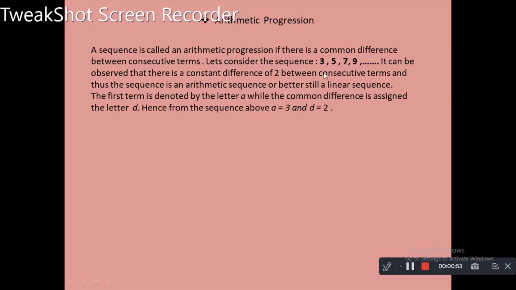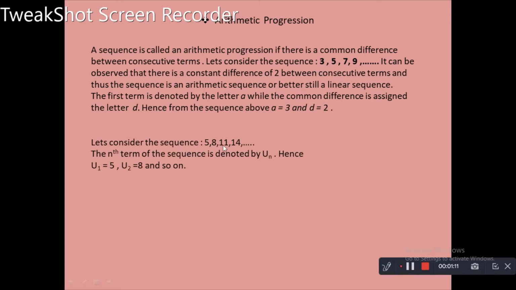Now the first term of an AP, that is arithmetic progression, is denoted by the letter A, and the common difference is denoted by the letter D. Hence from here A is 3 and D is 2. What more? Now let's consider the sequence 5, 8, 11, 14 and so on.